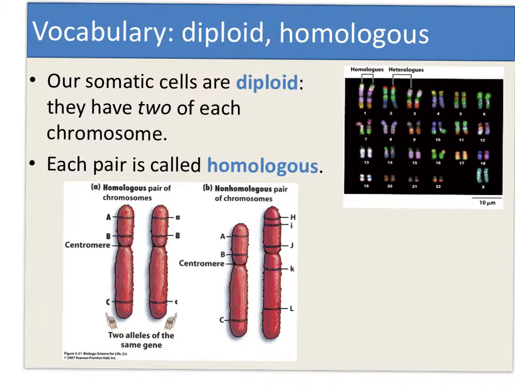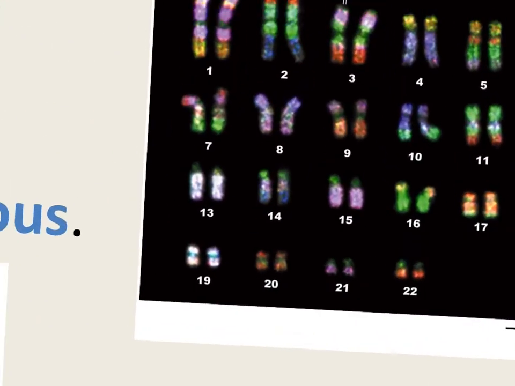We have two, right, for each chromosome? Yes. One from mom, one from dad. Okay. So, we are diploid, you and I. Now, our gametes, on the other hand, are haploid. I'll show you how in a second. So, let's take a look at this in greater detail.